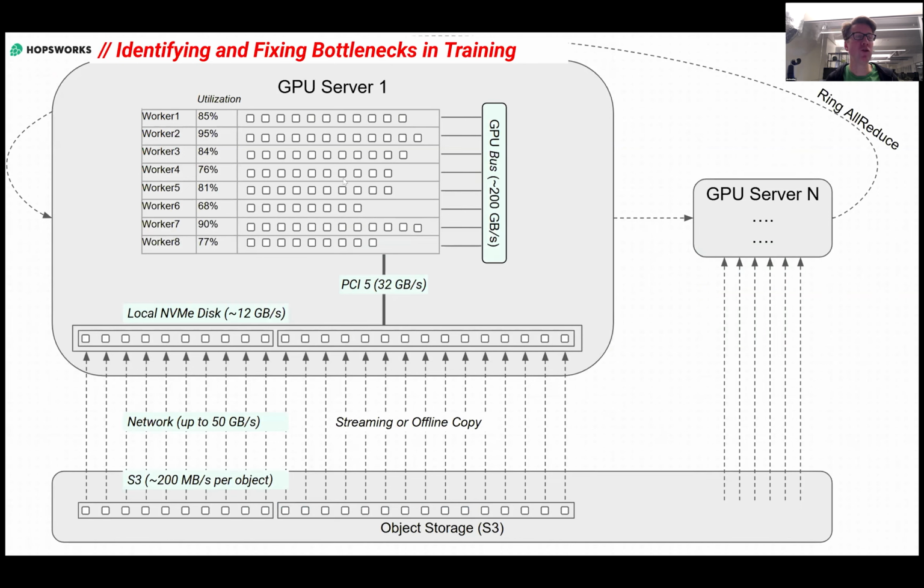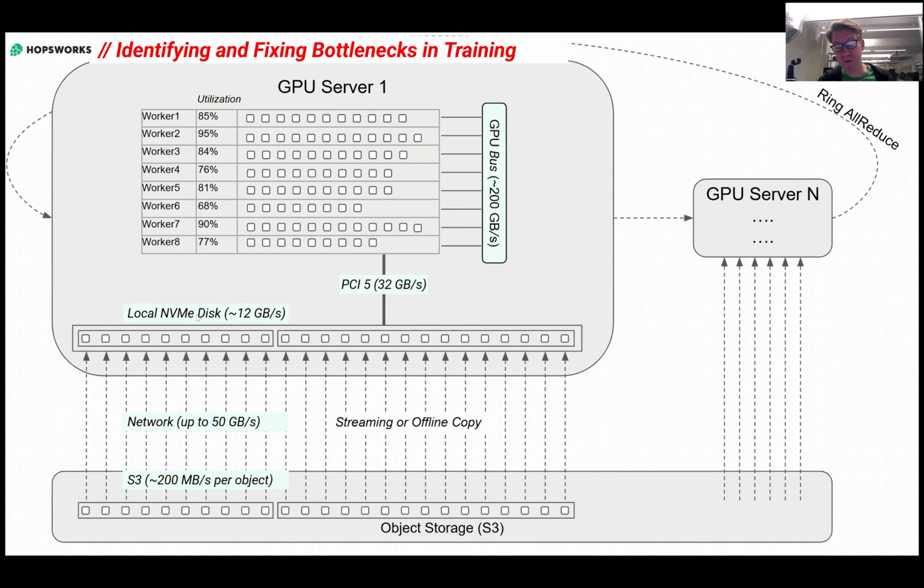But if you're trying it out on your own and the model doesn't quite fit into GPU memory, and you offload some of the layers into the host memory, now a lot of traffic will go through your PCI bus. And if it's only a PCI 3 bus at 8 gigabytes per second, it will not work very well. So this is another place where you can have bottlenecks, your PCI bus.